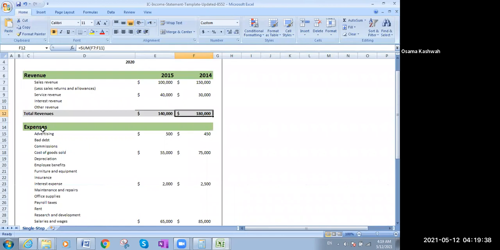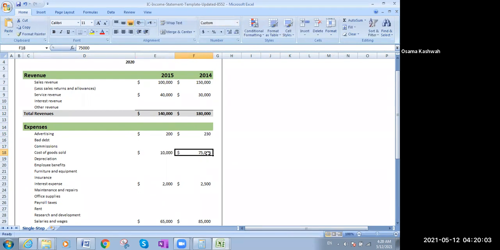Now we'll go to the expenses. Let me put this as example. The expenses here were $200. And here in year 2014, it was $230. And the cost of goods sold was 10,000.